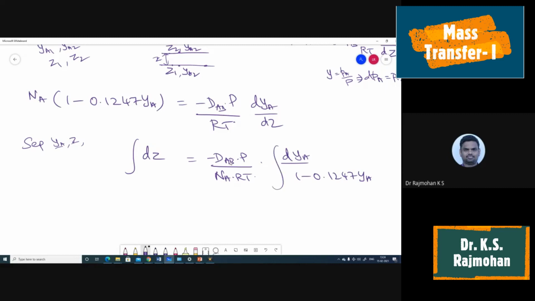So the integration limits, I told you, are between Z1 to Z2, YA1 to YA2. The same problem you can do in terms of PA also. That's not a big deal.